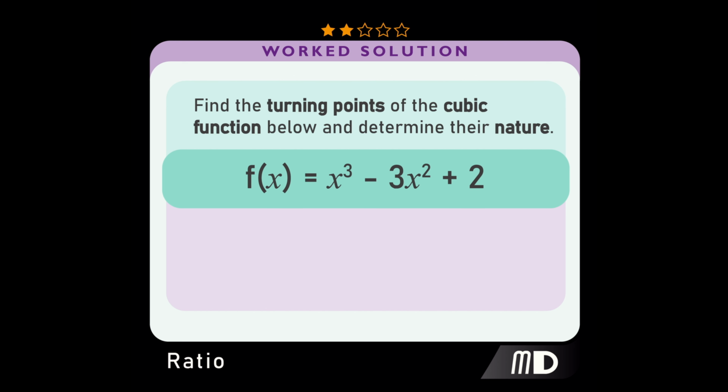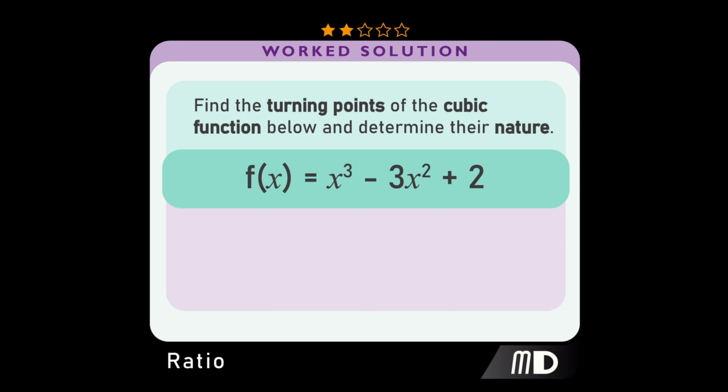So, to answer this question, we're going to use a 5-step process. First, we need to differentiate the cubic function and set it equal to 0.